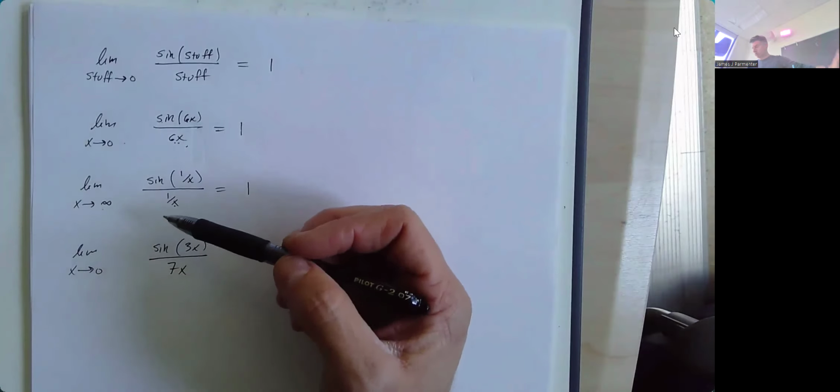Which is an indeterminate form. But now the issue is the stuff's not the same. I don't have sine of 3x over 3x. I have sine of 3x over 7x. There's a number of ways people like to get around this. I have found the easiest way, in my opinion, is to write down what I wish I had.